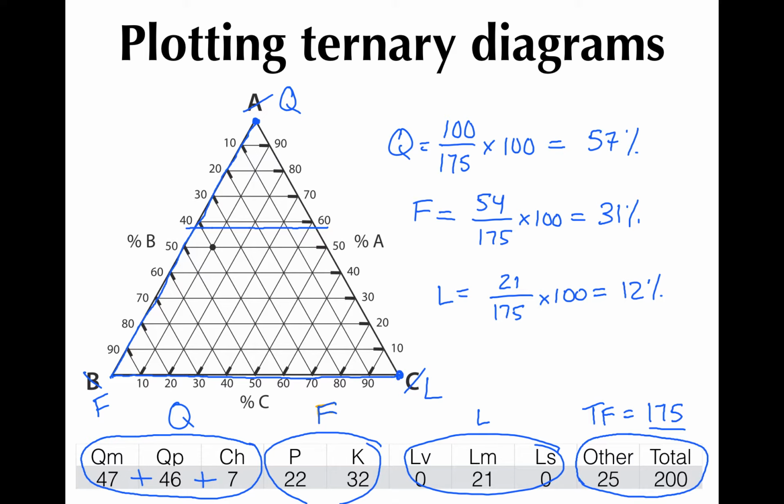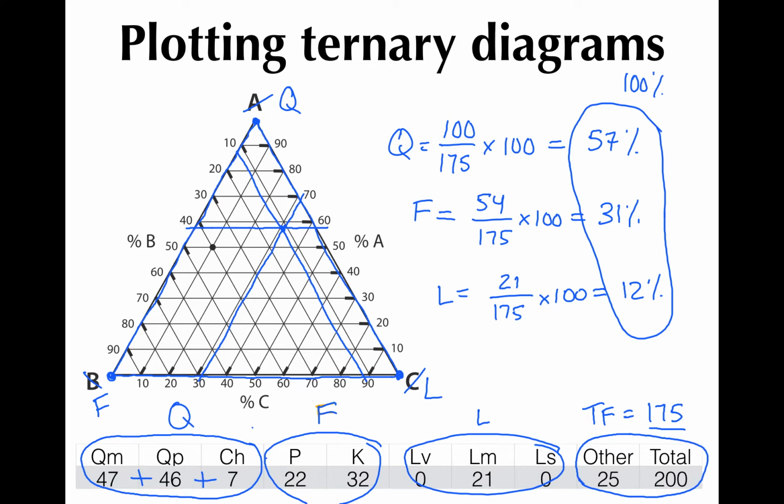We find 31%, which would be somewhere right along here. And then finally, we have 12% lithics, which will be somewhere between 0% lithics lying along this leg of the triangle and 100% at this pole. And lo and behold, because we've already got two values in here, the requirement that our three values sum to 100% means that our point is already predetermined to lie along the 12% lithics line.